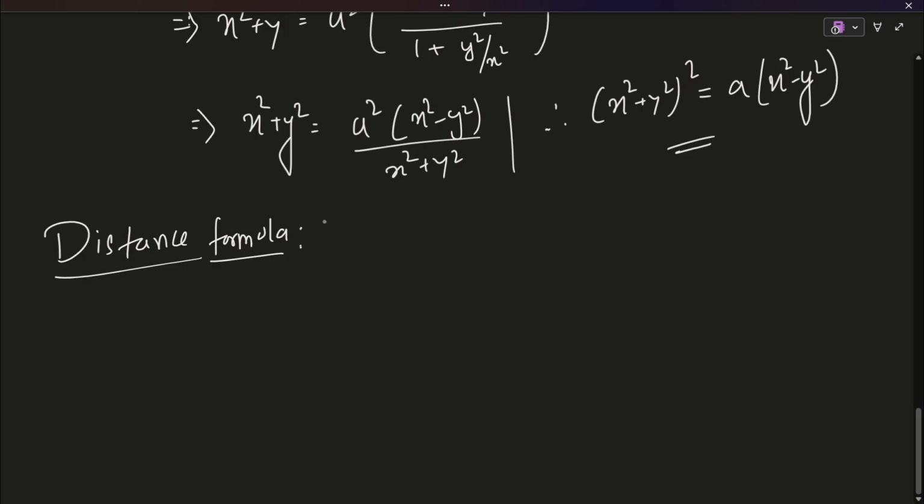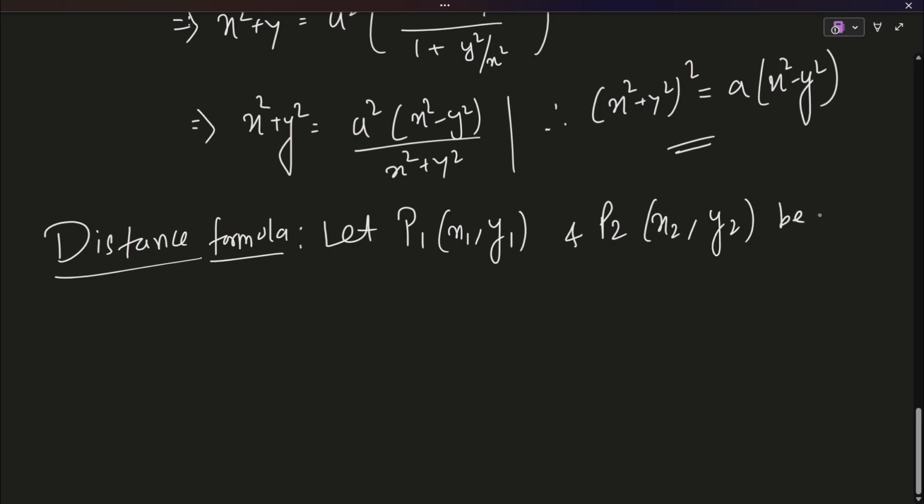Okay, so let P1 (x1, y1) and P2 (x2, y2) be 2 points, and we want to find out the distance between these 2 points.